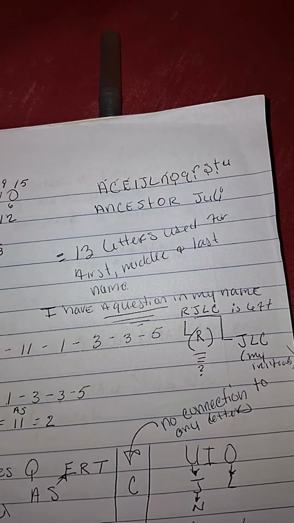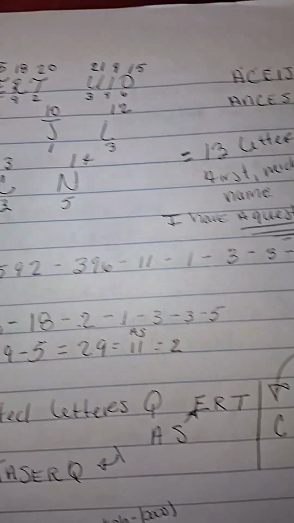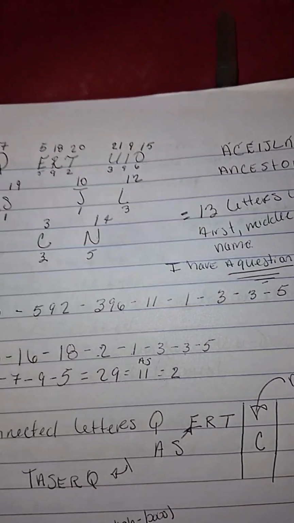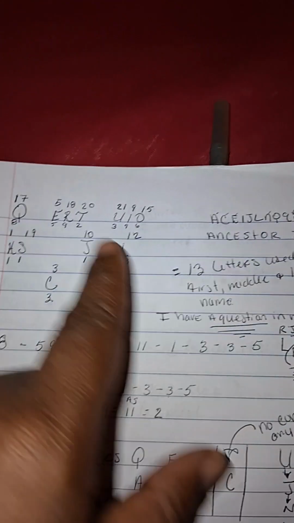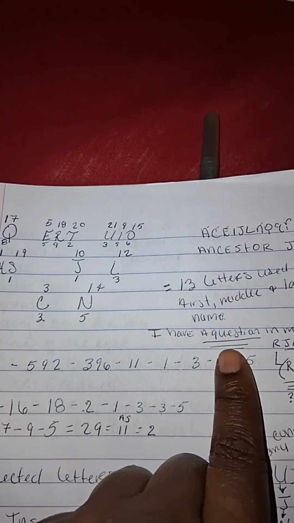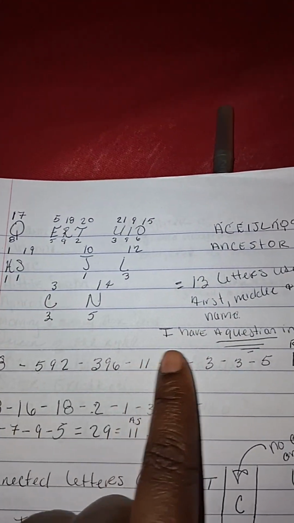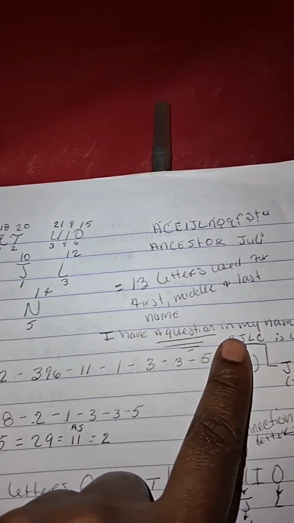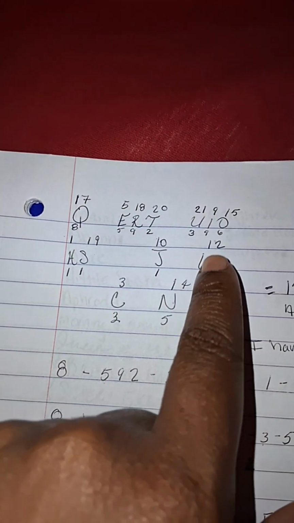So then I'm looking at these letters, and the first thing that jumped out to me is the word ancestor in my first, middle, and last name, right? Actually, the first thing that jumped out to me, I won't lie, when I had it sitting like this, was question. I have a question in my name.